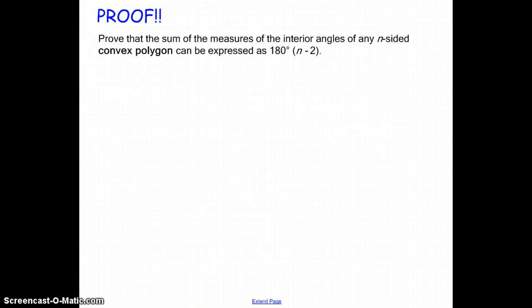So here we're going to attempt a proof. We're going to prove that the sum of measures of the interior angles of any n-sided convex polygon can be expressed as 180 degrees times (n minus 2), where n is the number of sides. So we're going to start by drawing an arbitrary polygon.